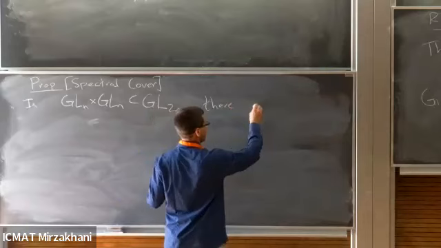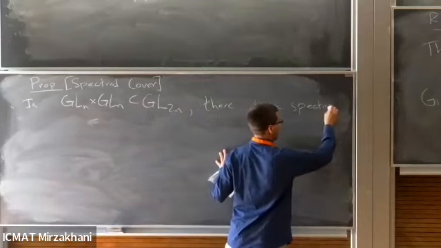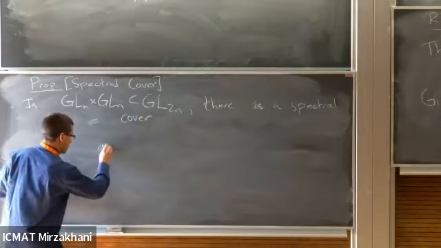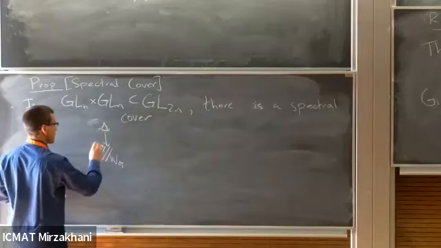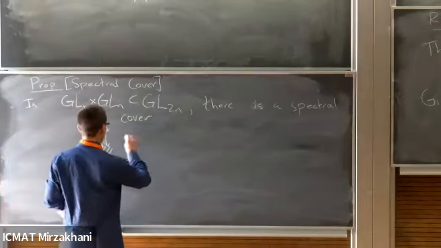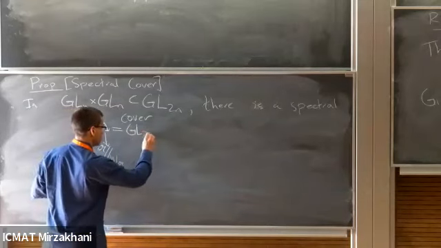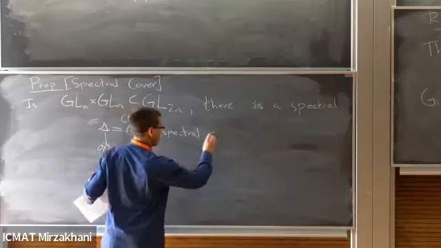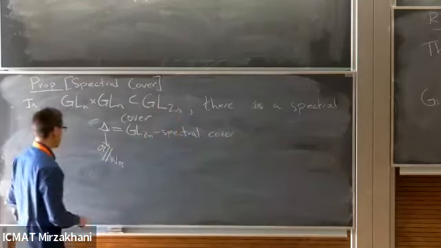there is a spectral cover of A mod WA, which I'm going to denote S. And this is just the GL_2N spectral cover. So this is the GL_2N spectral cover. It's a 2N cover over A mod W. I'm just restricting it to this sort of invariance.